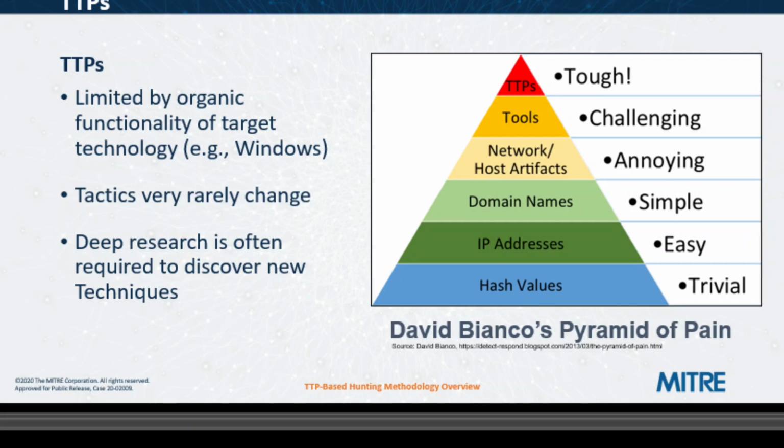The tactics are really intermediate level objectives that adversaries need to accomplish regardless of their overall aim or skill level or the particular tools or infrastructure that they're using, and they rarely change. Even at the technique level, which are ways to accomplish those tactics, it's a fairly small number of techniques that are being used for a given tactic, and they don't tend to change much over time.